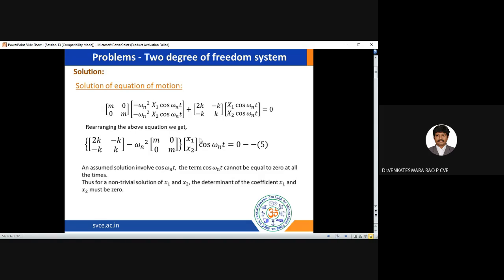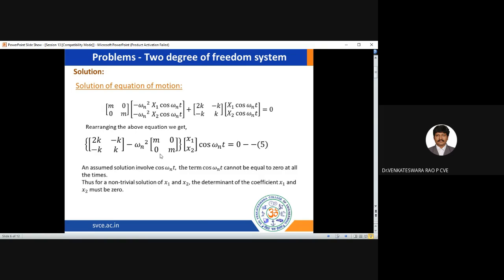So if I take cos omega nt outside, what I get is minus omega n square into capital X1. I'm sorry, I think this is capital X1, not a small x1. So I have to change this. I think even in the last class, while deriving the equation, I made a mistake there. So it's a capital X1 and also capital X2, right?